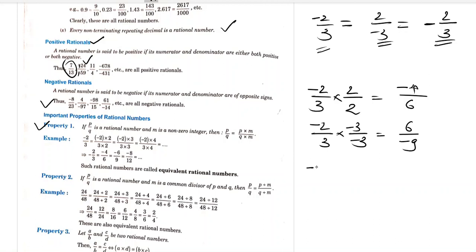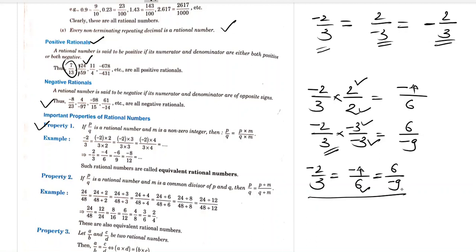So minus 2 by 3, which is the original number, is equal to minus 4 by 6, which is obtained by multiplying 2 in the numerator as well as denominator, which is equal to 6 by minus 9, which is obtained by multiplying minus 3 in the numerator and denominator of the original number, right? So all these three numbers are equivalent. Why equivalent? Because if you bring them to the lowest terms, cutting the numerator and denominator of the second and third fractions, it will give you the original rational number, and that's why they are known as equivalent rational numbers.